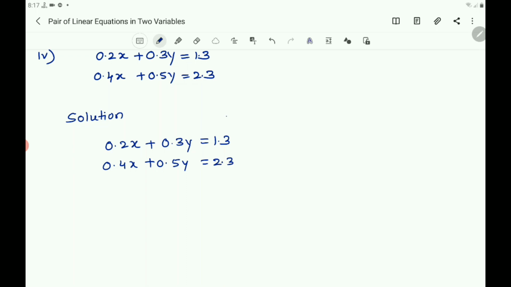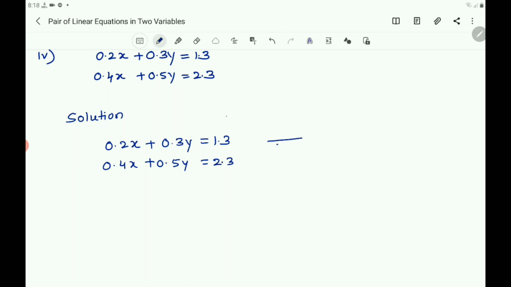Now you can convert this into equations without the decimal point, because in the first equation the coefficient of x is 0.2, the coefficient of y is 0.3, and c is 1.3. All coefficients have one digit after the decimal point, so you can remove that.